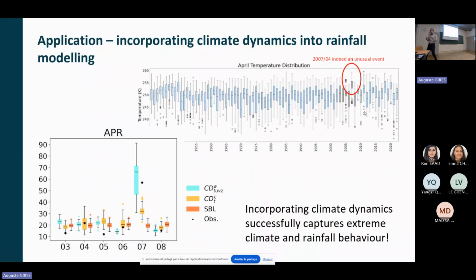The most important thing is to see this event in April 2007. There was a very extreme event. That April, you can see the temperature in that year is much higher than any other April. It had some extreme event, and actually that year had a very strong drought in this area.